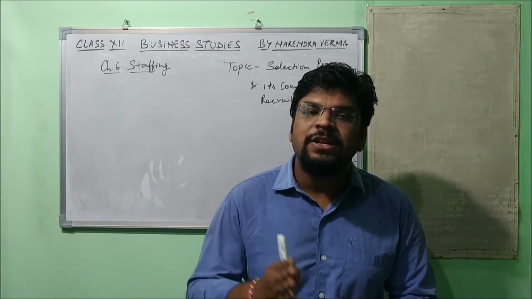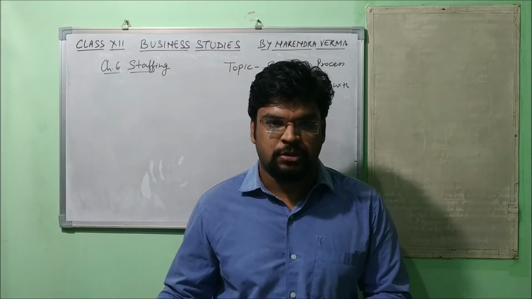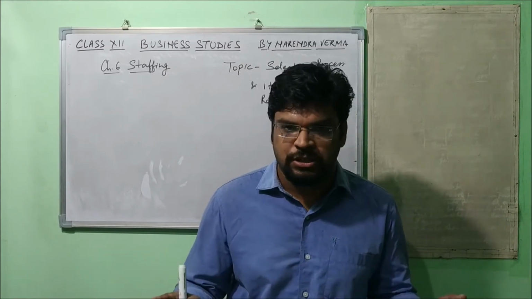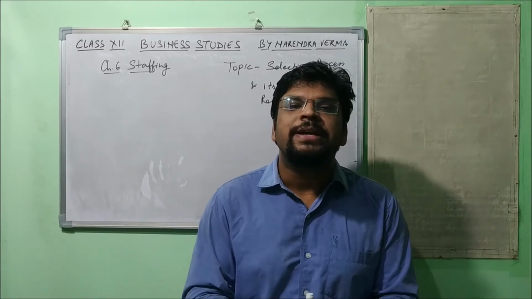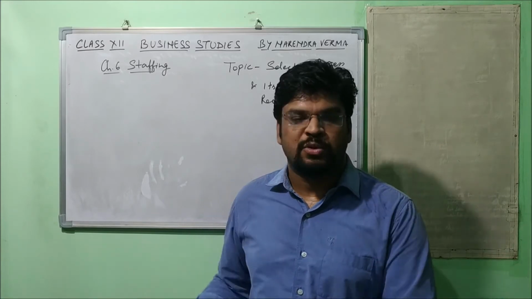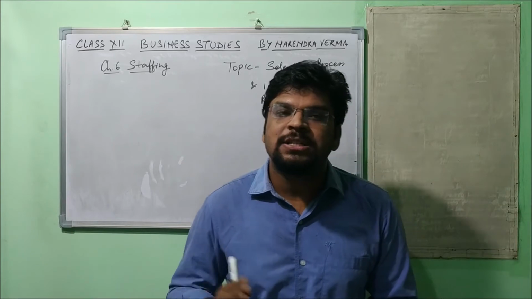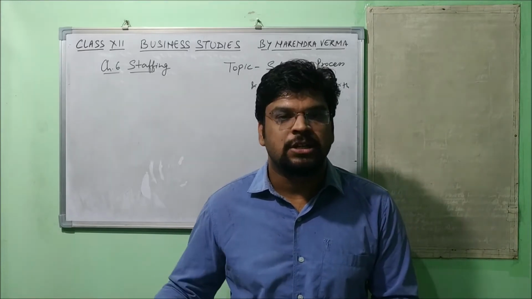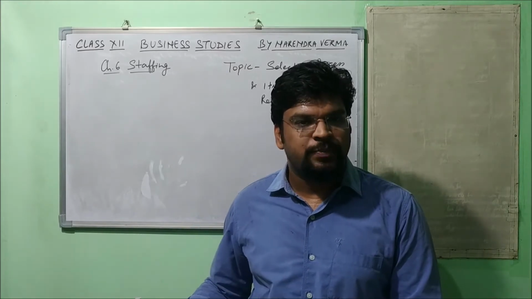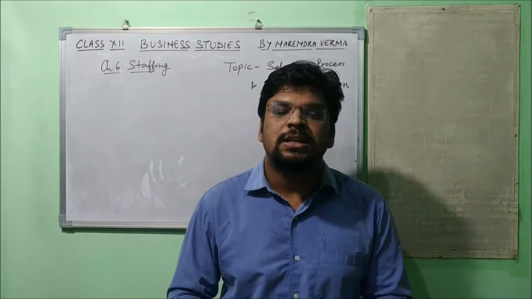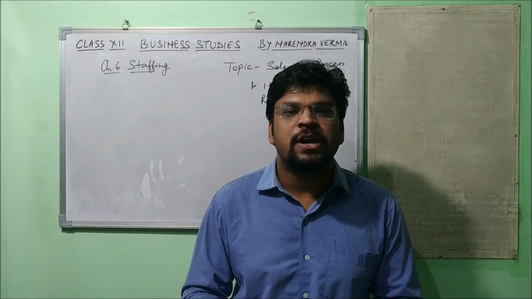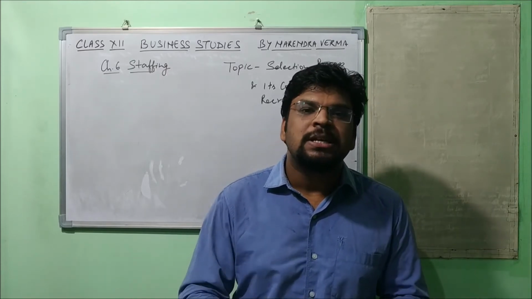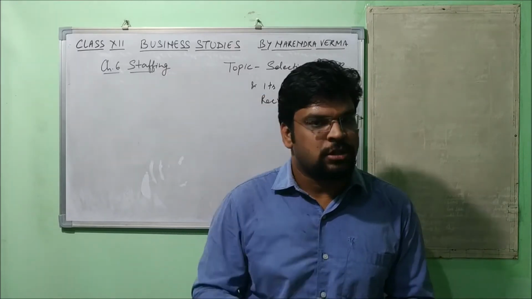Selection has various stages, or we can name them various steps of the selection process. At every stage, the candidate with lesser qualification is rejected, and the candidate who has more qualification or who is more suitable for the job is selected for the next stage.